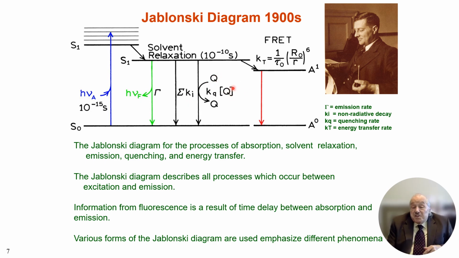There can be quenching, and there's another phenomenon called fluorescence resonance energy transfer, where one molecule transfers its energy to another molecule. We'll see many forms of the Jablonski diagram because they are normally made to describe a particular process.